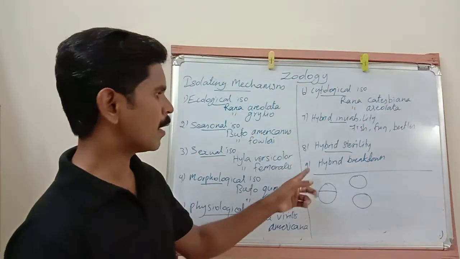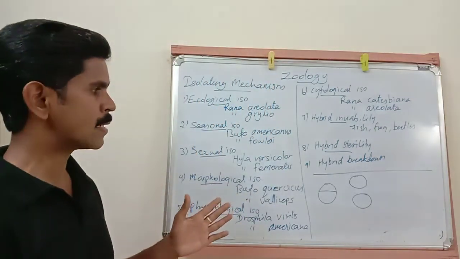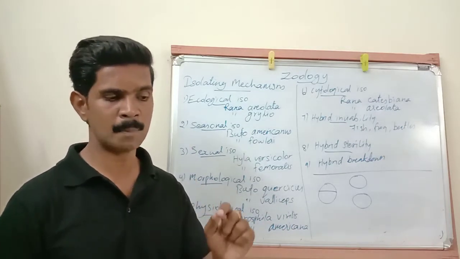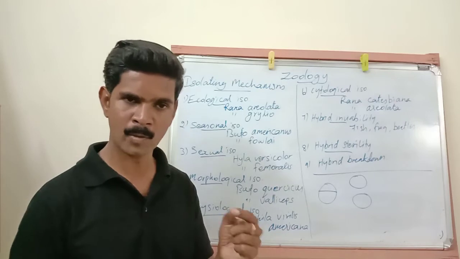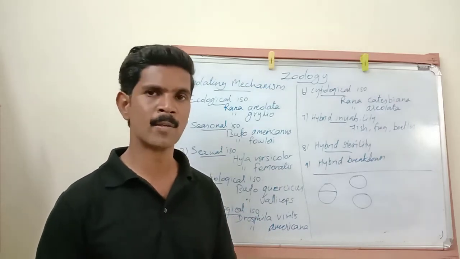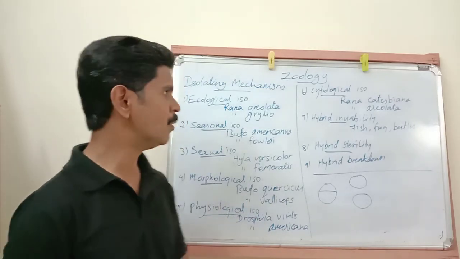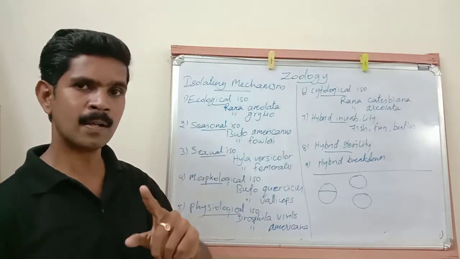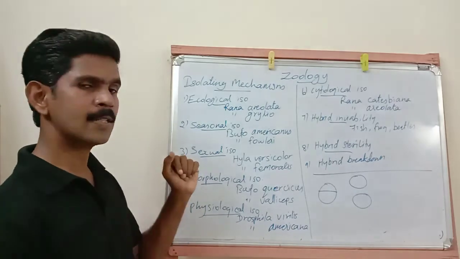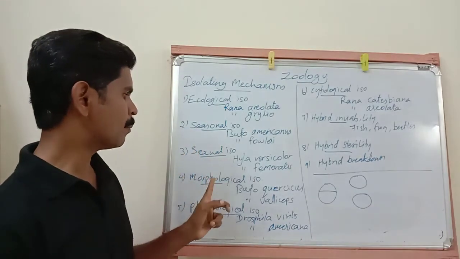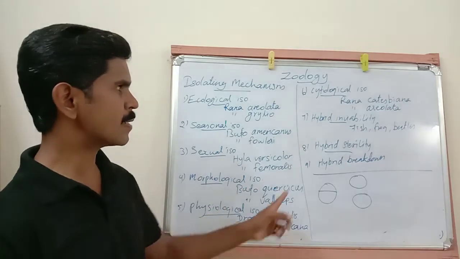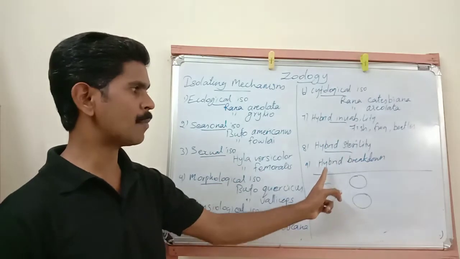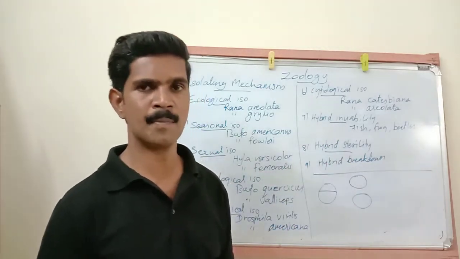We have studied that there are 9 types of isolation, and all of them come under 2 important categories: pre-zygotic isolation and post-zygotic isolation. The 9 types are ecological isolation, otherwise called habitat isolation, seasonal isolation, sexual isolation, morphological isolation, physiological isolation, cytological isolation, hybrid inviability, hybrid sterility and hybrid breakdown. Understand, my dear students?